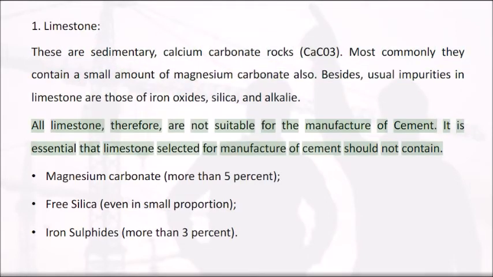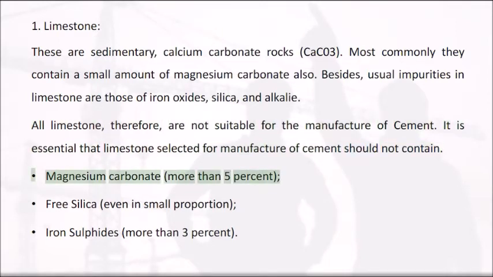All limestone, therefore, are not suitable for the manufacture of cement. It is essential that limestone selected for manufacture of cement should not contain magnesium carbonate more than 5%, free silica even in small proportion, or iron sulfides more than 3%.